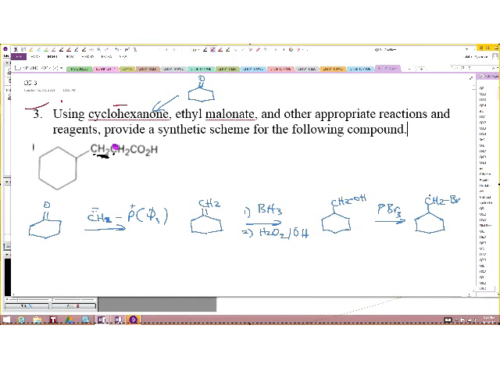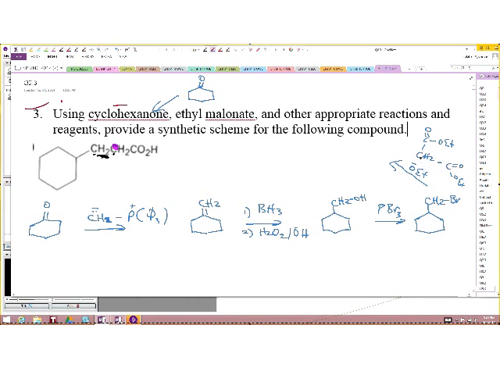Okay, now that you've done that, what do we do now? The malonate, okay? So now we take our malonate with ethoxide.